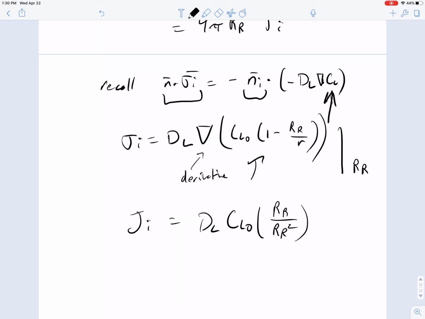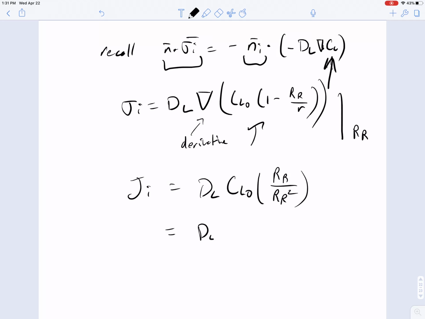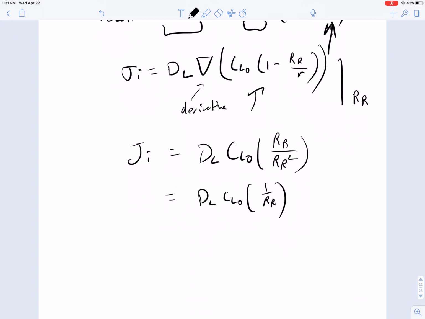Okay, so then what does this give us here? This is equal to DL CL0 times 1 over R_R. And we have to do the equality between this and our k positive.